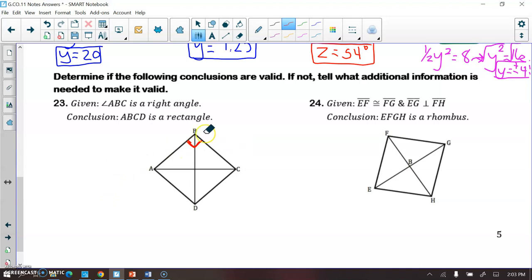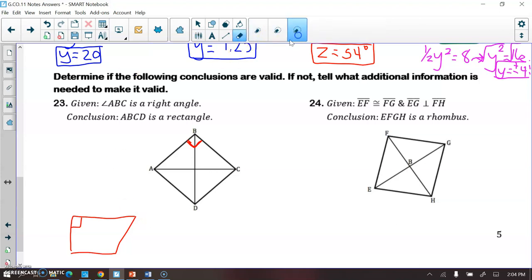Well, if we're only given that this is a right angle here, we cannot determine that this is a rectangle because we could have something that looks like this. And that's not a rectangle, that is a trapezoid.